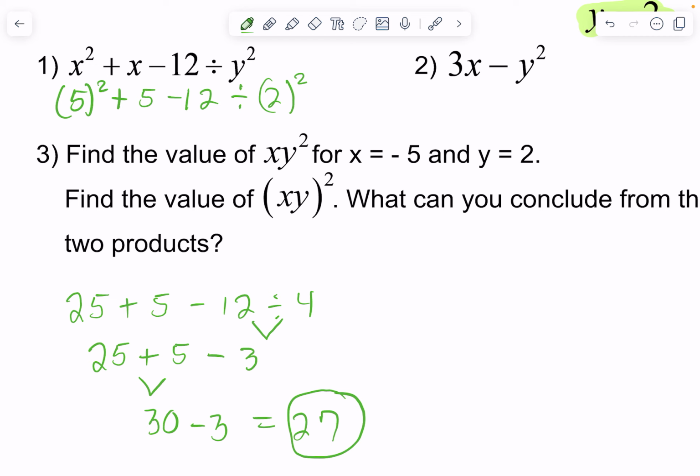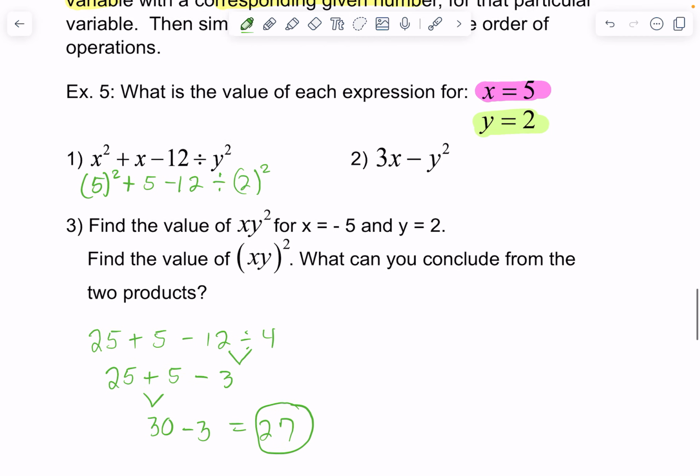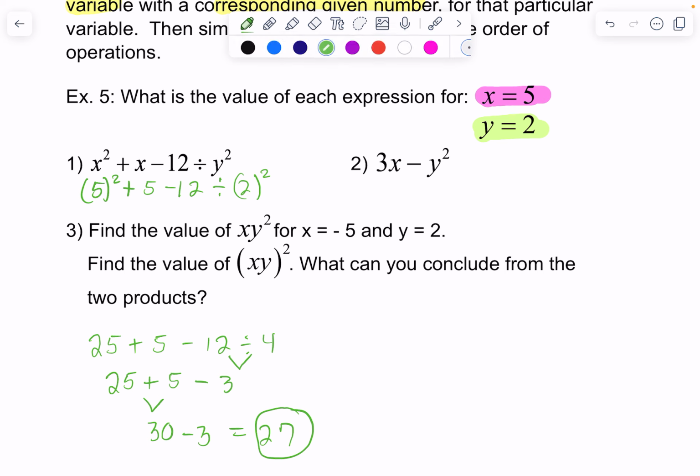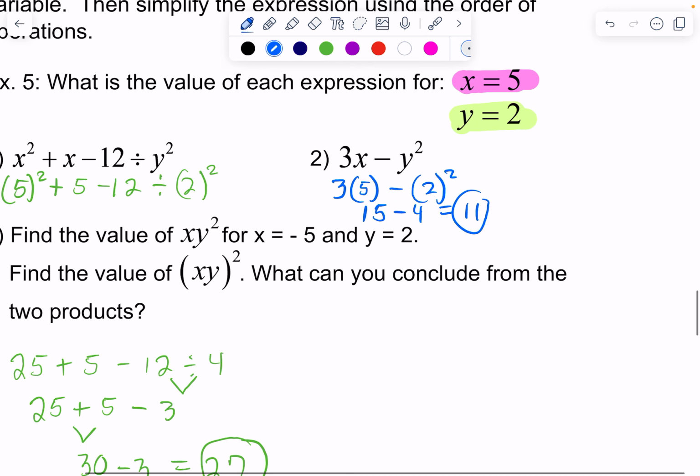Following order of operations, please excuse my dear Aunt Sally. If I continue to the next one, I have 3x minus y squared. So I have 3 times (5) minus (2) squared. 3 times 5 is 15, minus 2 squared is 4, and that's going to give me 11.